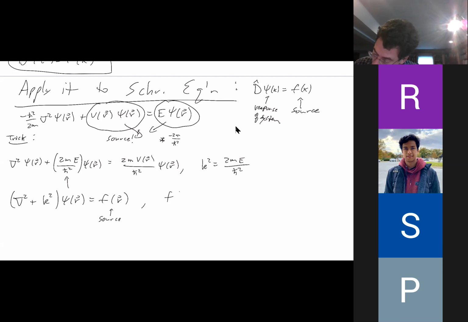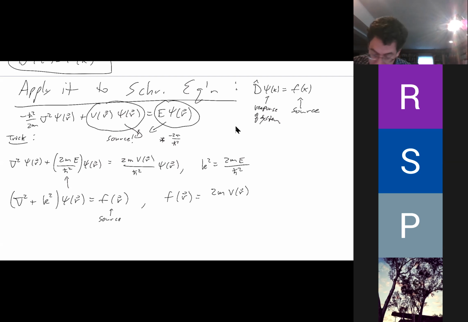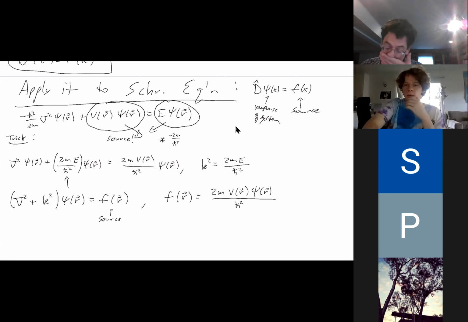But now my source is 2m v of r times psi of r divided by h bar squared. So that's my source. There's the potential causing the scattering to happen.